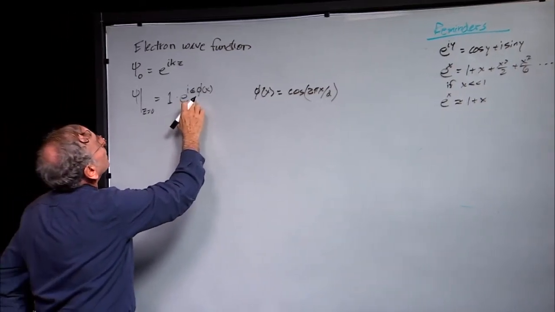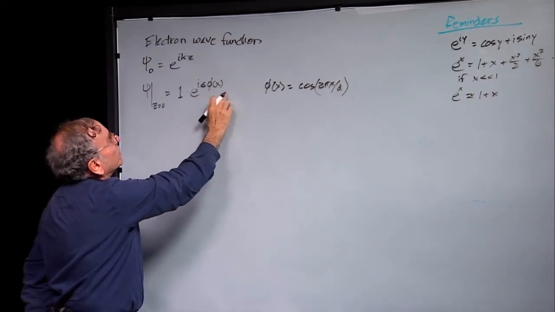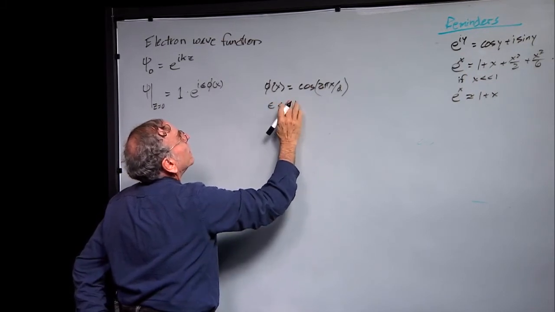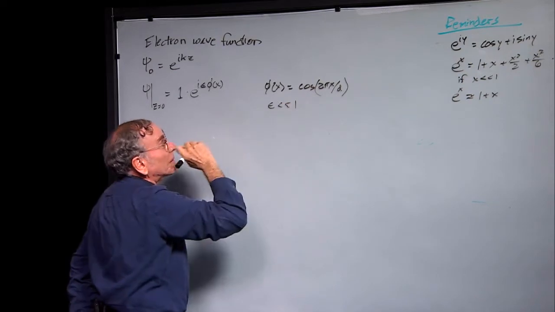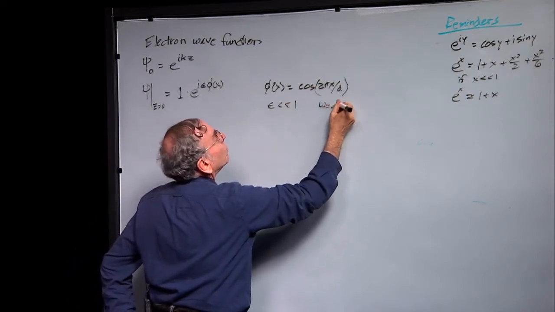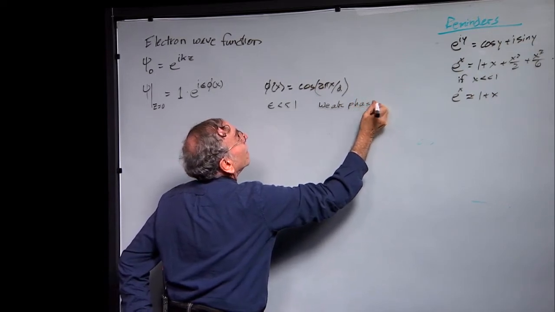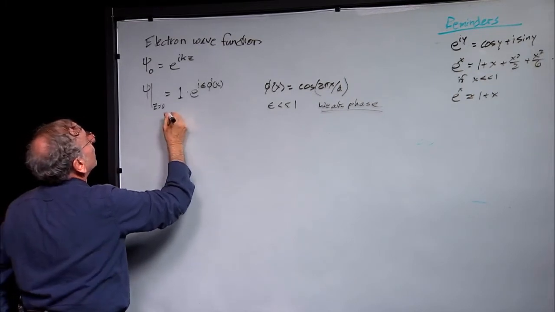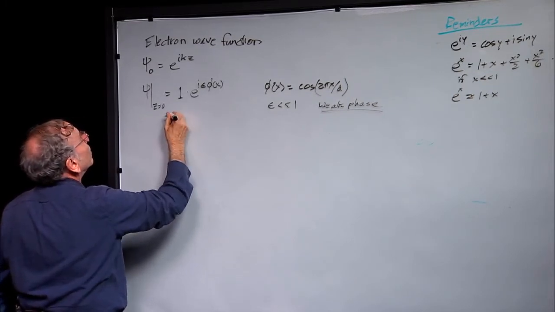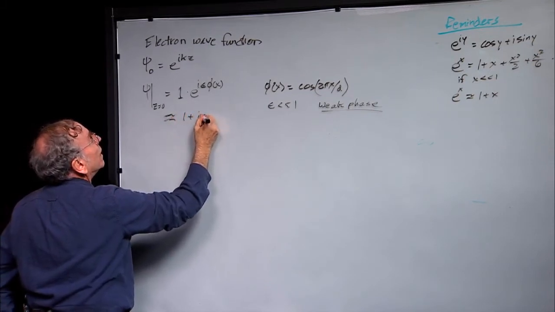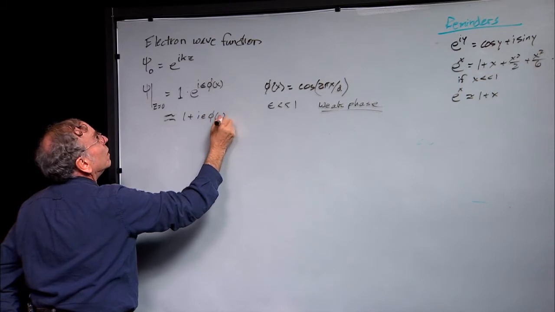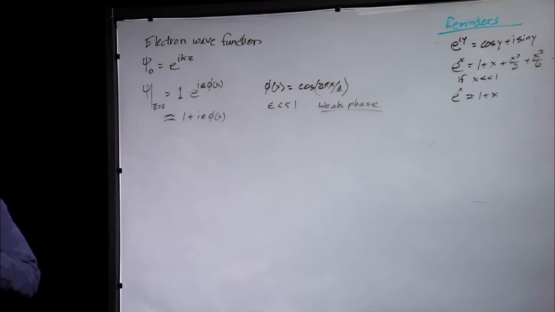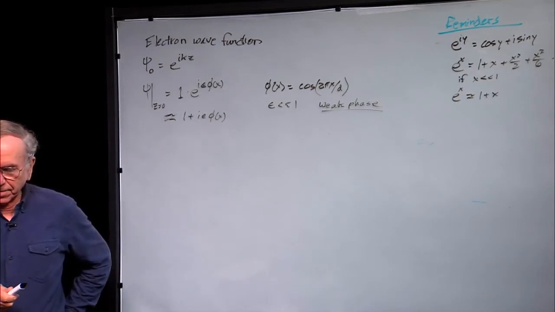So here is e to the i epsilon phi of x, where phi of x is this cosine function, and I'm going to let epsilon, which is the size of the phase perturbation, be small. This is the all-important weak phase criterion. If we make this assumption, then psi at 0 is about equal to 1 plus i epsilon phi of x. So we've just added in my phase perturbation, instead of multiplying by a complex exponential.